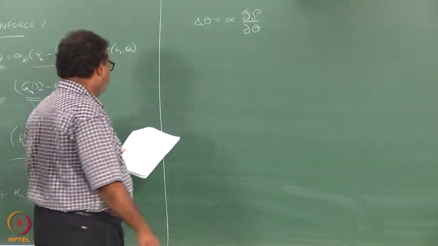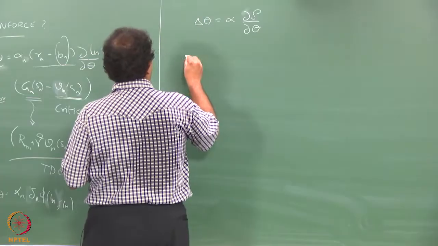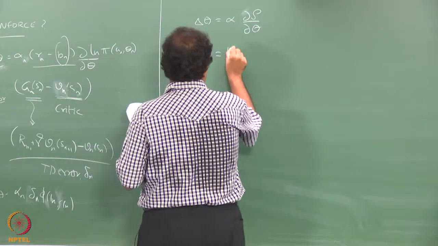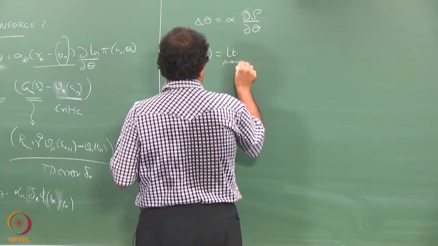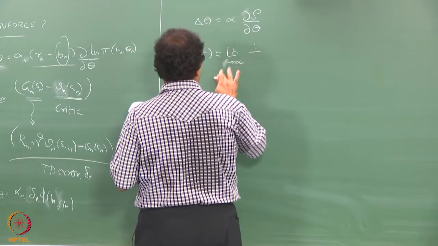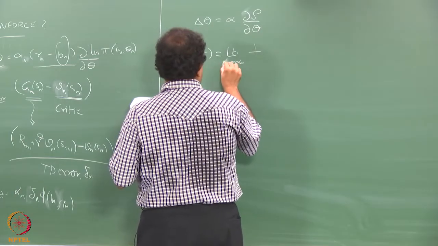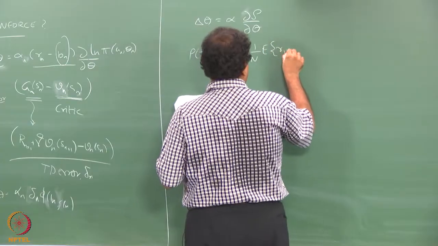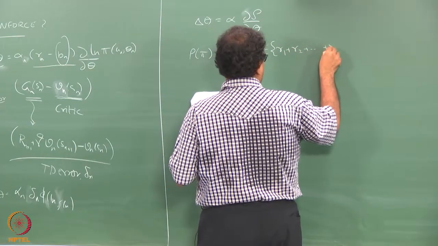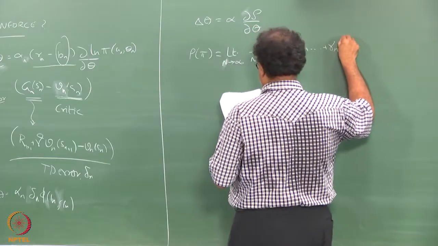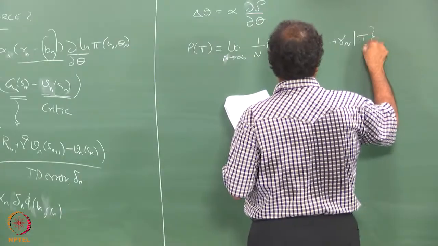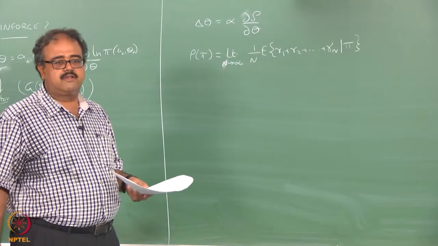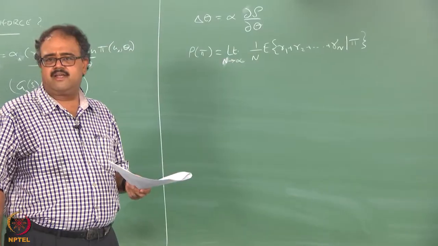So, one popular performance measure that we could have is essentially the average reward, which is the limit n tending to infinity of the sum of r1 to rn, and we did this last time.